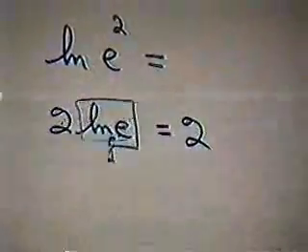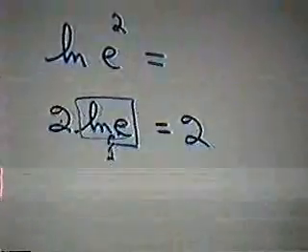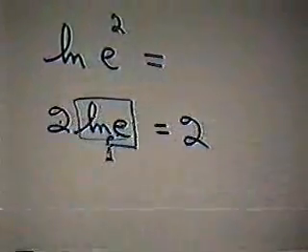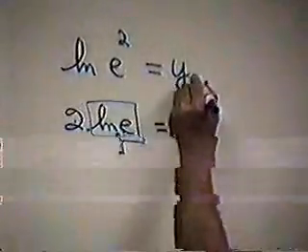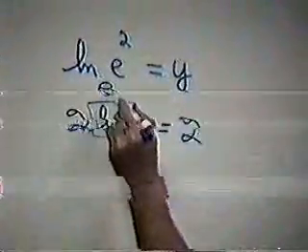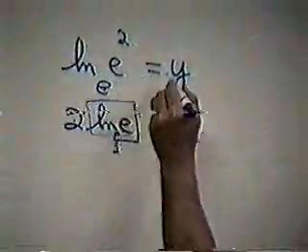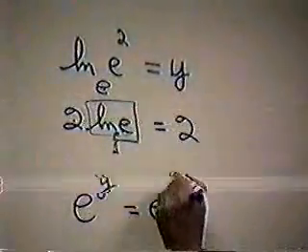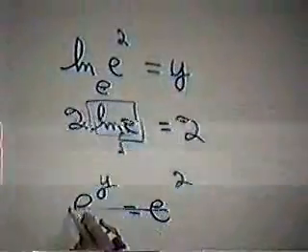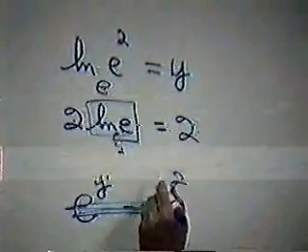So the final answer on that is 2. Another way of doing this is to consider this as a y and work it. This says e to what power? So e to the y power is equal to e squared. The base is the same, therefore the answer is 2.